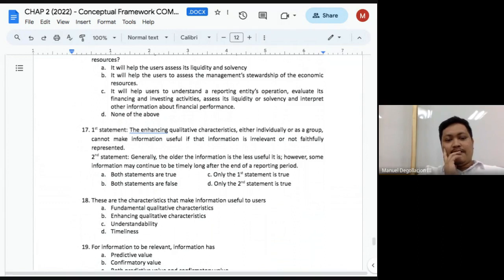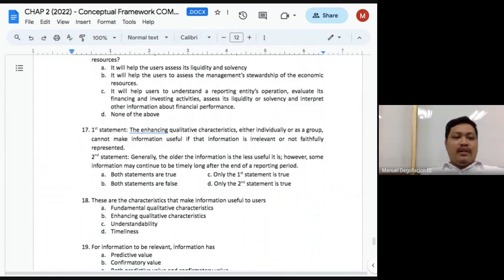It must have the fundamental ones for it to be useful. The fundamental must be present. It does not matter how much enhancing qualitative characteristics it has. It can never elevate it as useful information if it does not have faithful representation and relevance.